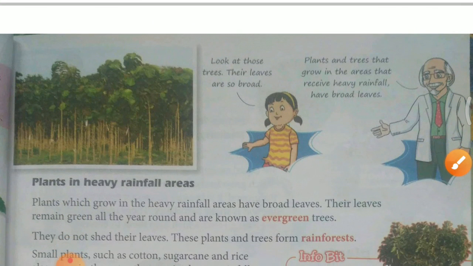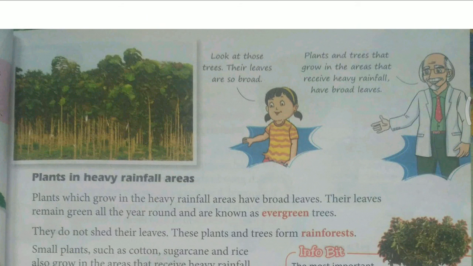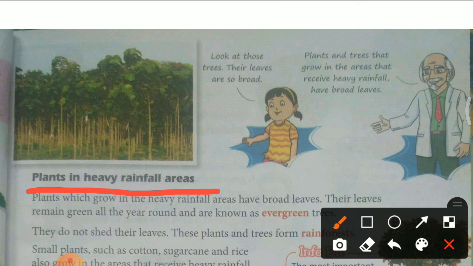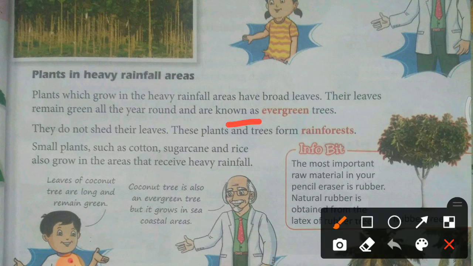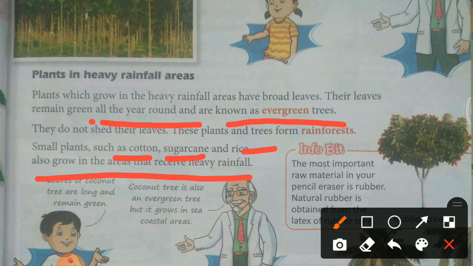The next one, the plants in heavy rainfall areas. This is a tea tree that is grown in rainfall areas, and these plants are called evergreen plants because all the year around it has leaves on its body. And small plants such as cotton, sugarcane and rice are grown in these areas.